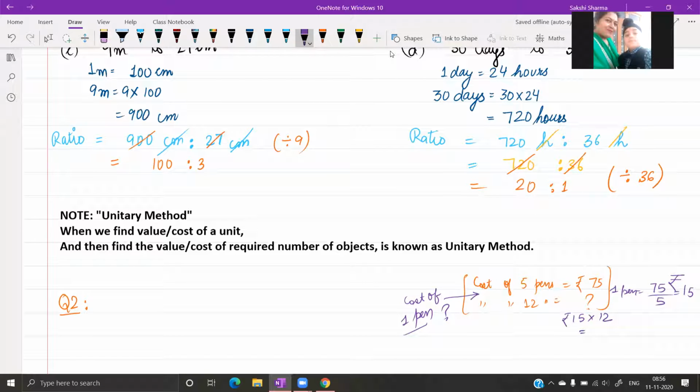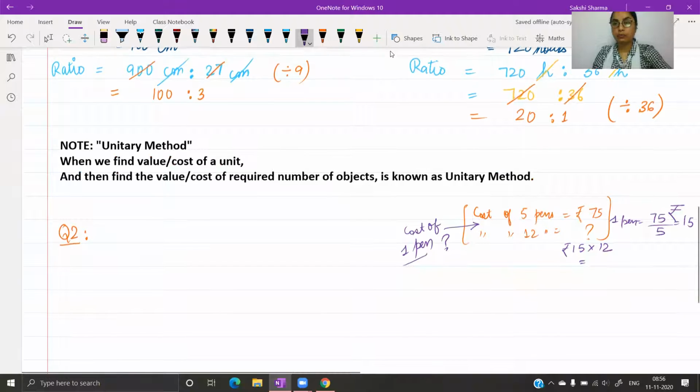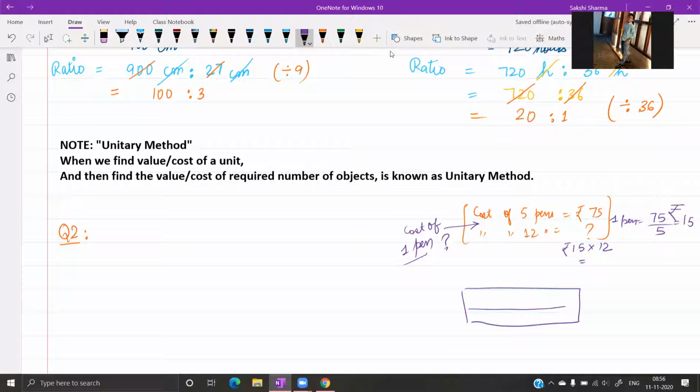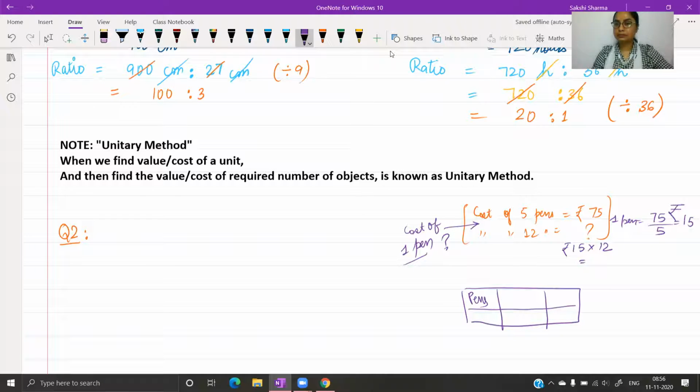Now this question could also be done using ratio and proportion. If you remember, last year we made a table to do questions. Ma'am, the answer is 180. That's correct. You remember making this table last year? Yes, ma'am. So you could do this question by making this table also. You can write down pens and cost.